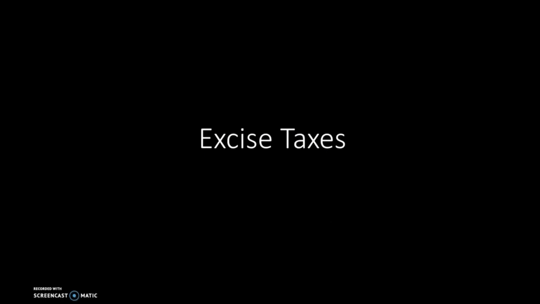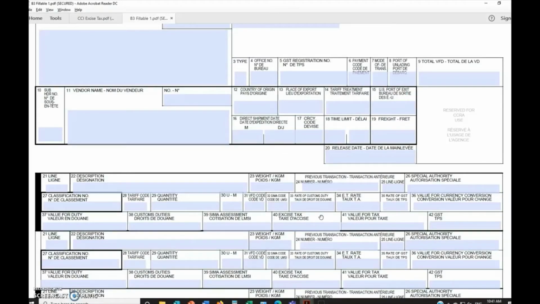The reason why I'm switching is we're going to do excise taxes first. When we start talking about liquor and tobacco entries next week, we are going to be talking about excise duties, not excise taxes. It's a different term. And you'll notice this says excise tax.